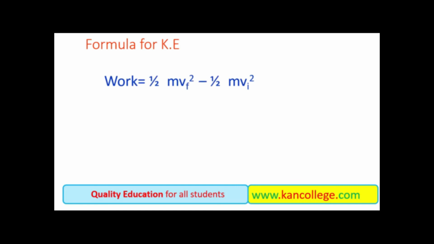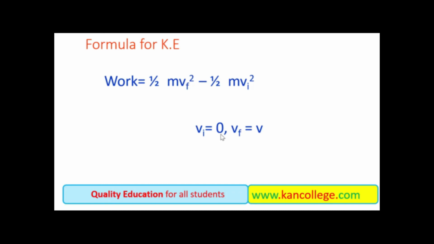Consider a body of mass m is moved from rest by applying some force F over a distance d. It means work is done by this force, and this work will produce the kinetic energy. How much kinetic energy is produced? We can calculate it in this way.